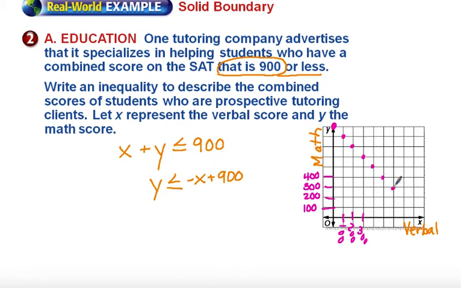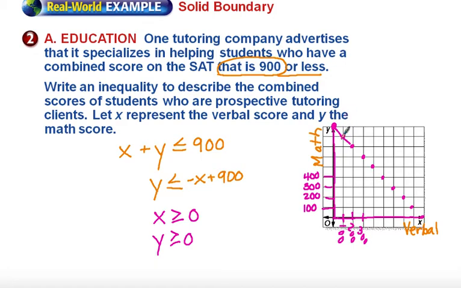All right, now, one other thing I need to account for, you can see that I don't have a whole coordinate plane, and that's because I can't get less than a verbal score or a math score of 0. So I also am going to include the boundary lines. X is greater than or equal to 0, and y is greater than or equal to 0. So that's going to be the axes here.